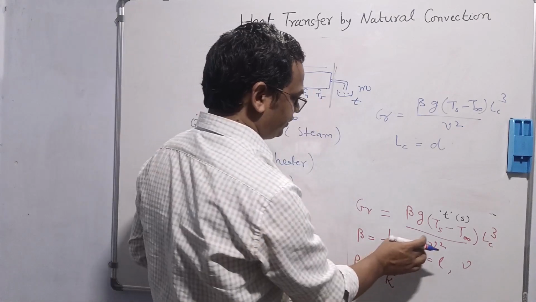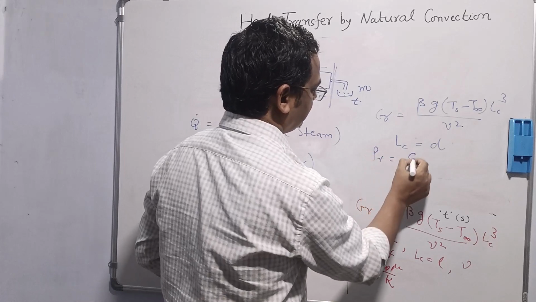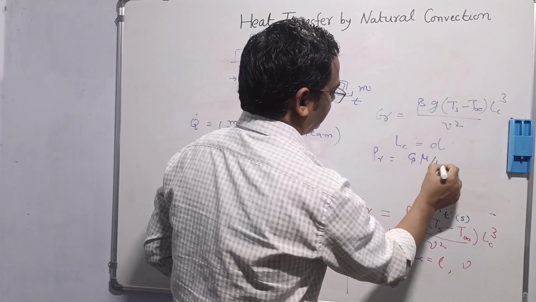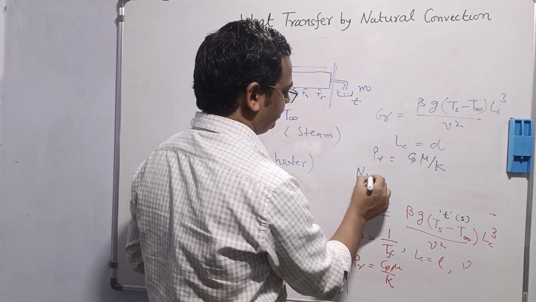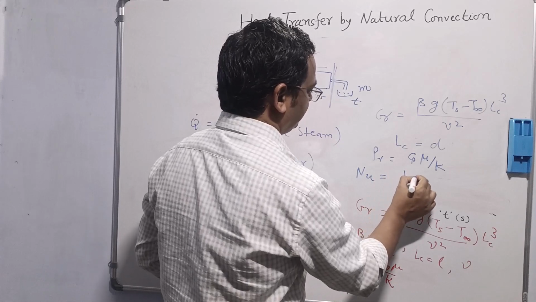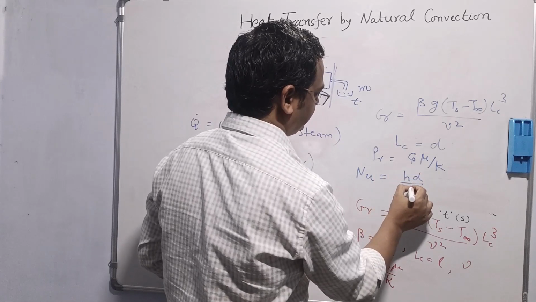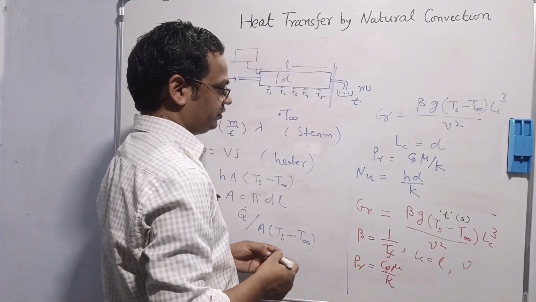Prandtl number will remain same, Cp mu by k. Nusselt number will be changing. Now this time we will have to take h d by k, not L but d by k.